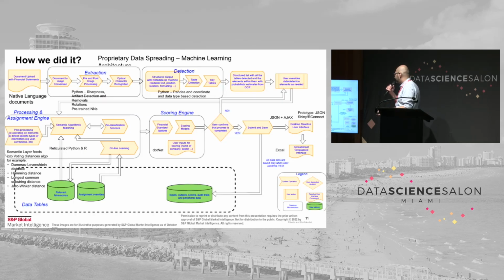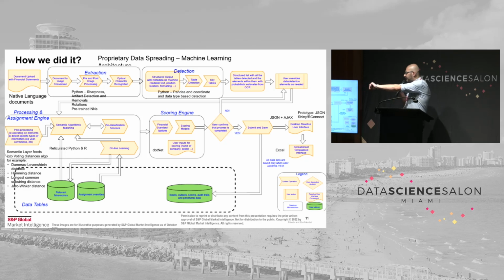I'm not going to bore you too much, but I'll hit on a few areas. Similar themes: this is how the pipeline looks. You're looking at extraction, table detection, structuring the metadata output, and running through the assignment engine, which in this case is mostly Latin script-based and Slavic. Basically, it uses fuzzy joins on the strings.